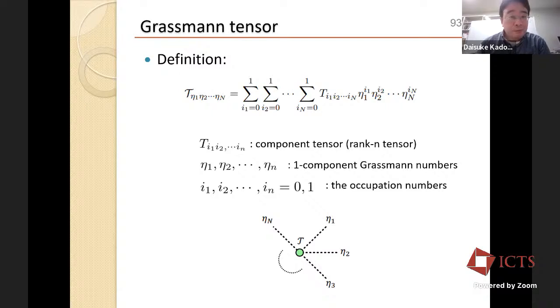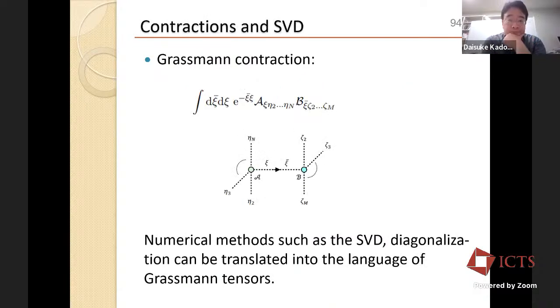Okay, and the contraction among Grassmann tensors is defined by this, and this is a contraction between a Grassmann tensor A and a Grassmann tensor B. The contraction is taken from eta 1 of A and theta 1 of B. And the Grassmann contraction is defined by the normal Grassmann integrals with this weight.